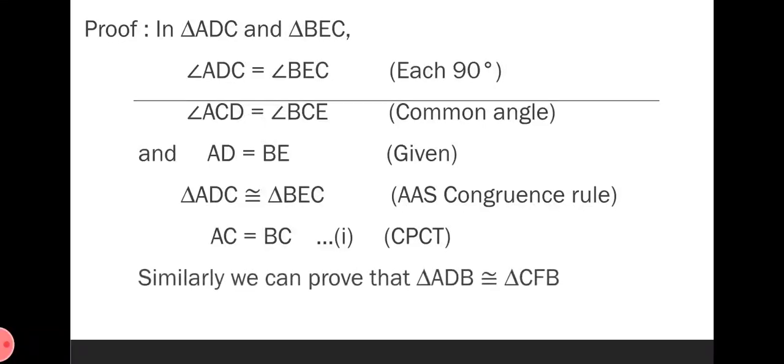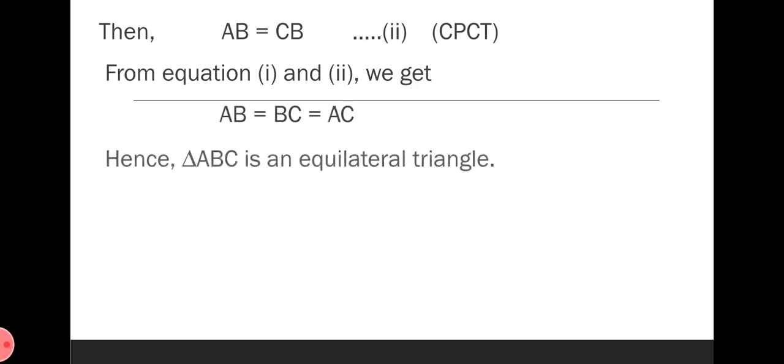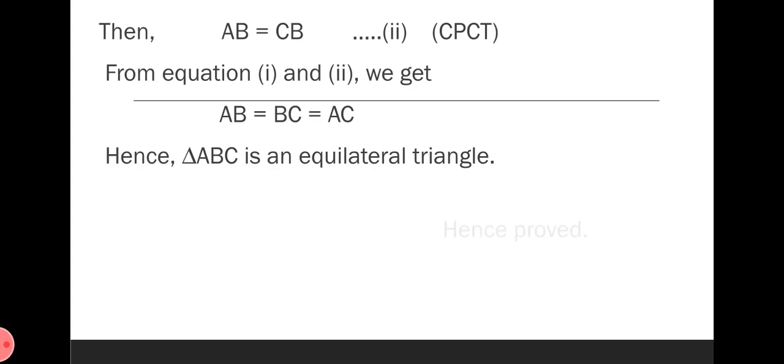Similarly, we can prove that triangle ADB is congruent to triangle CFB according to AAS congruence rule. So again we will get by CPCT AB equal to CB. From equations 1 and 2, we get AB equal to BC equal to AC. Hence, triangle ABC is an equilateral triangle.